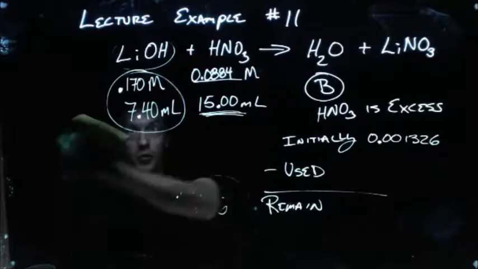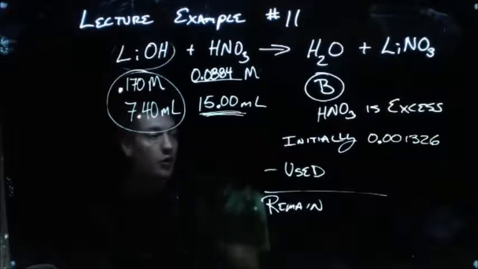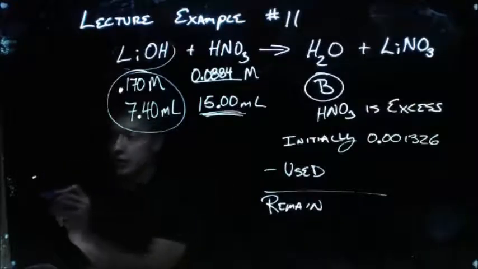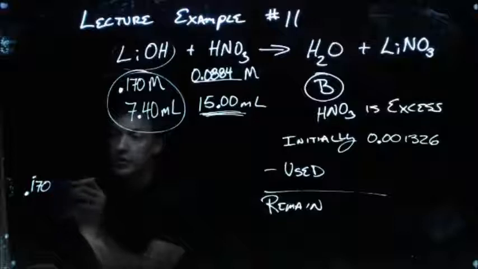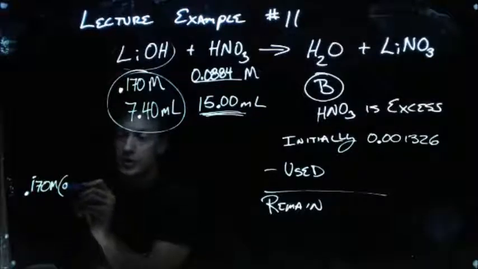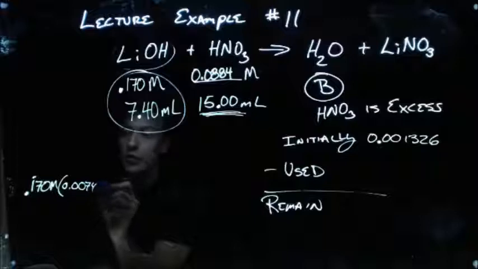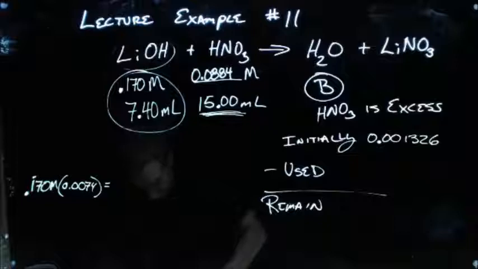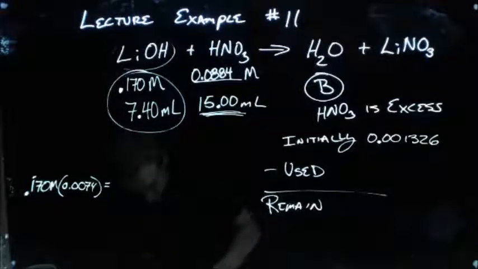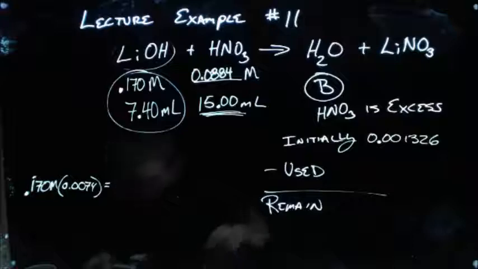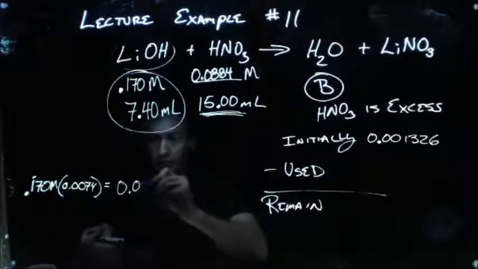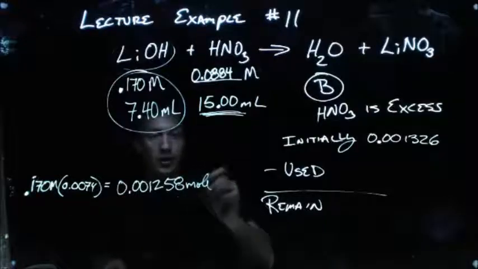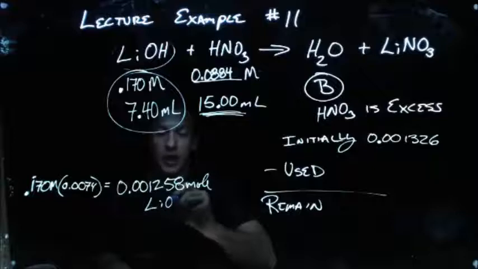So you're going to take 0.170 molar times 0.0074, and that's going to equal 0.001258 moles of lithium hydroxide.